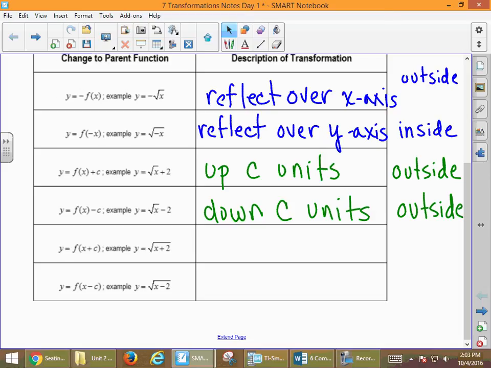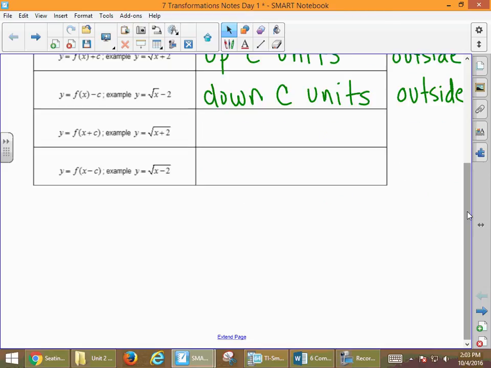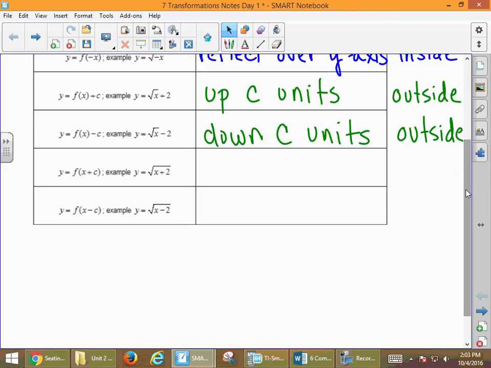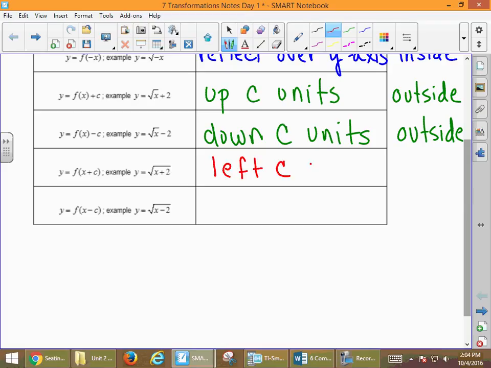But we can also do the inside of the function. We can do x plus c within the function. Anybody remember this one? And that's the question. Is it right or left? And what we're going to do is we are going to go left c units.